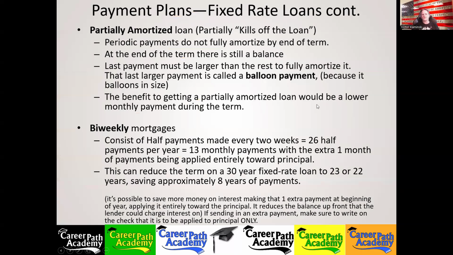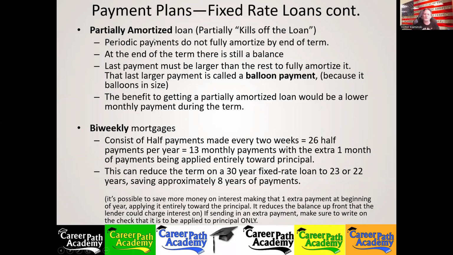So partially amortized loans partially kill off the loan over time. Amortized means to kill off. So if it's partially amortized, that means it's only been partially killed. By the time you make your last payment, it's only been partially killed off. There's going to still be a balance at the end.